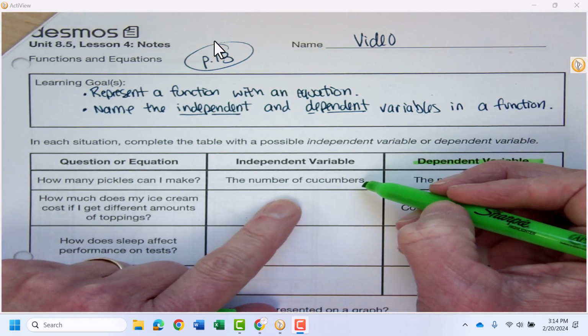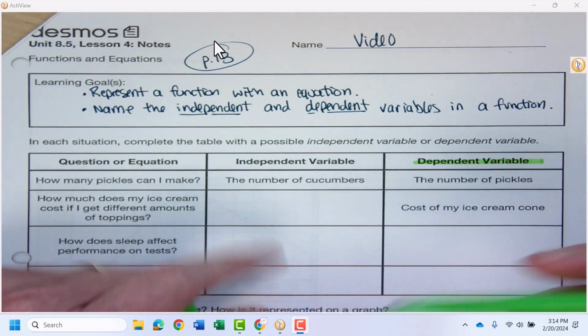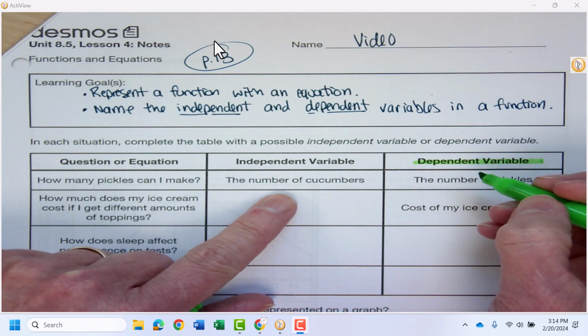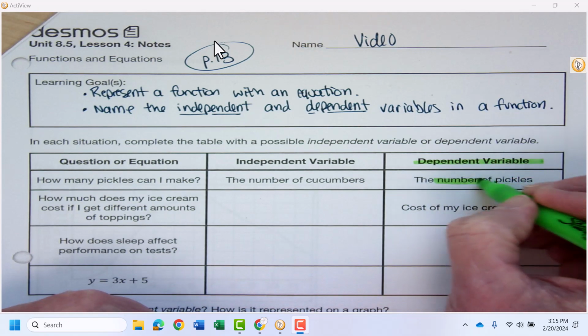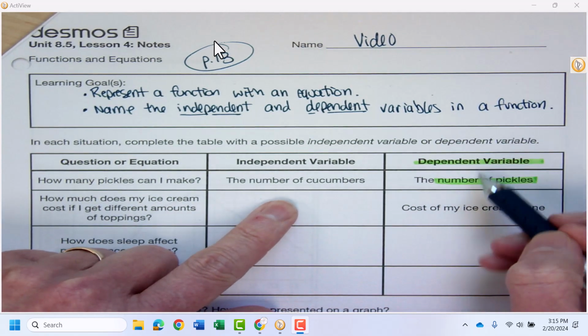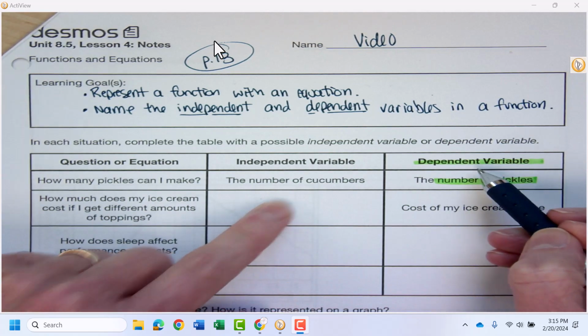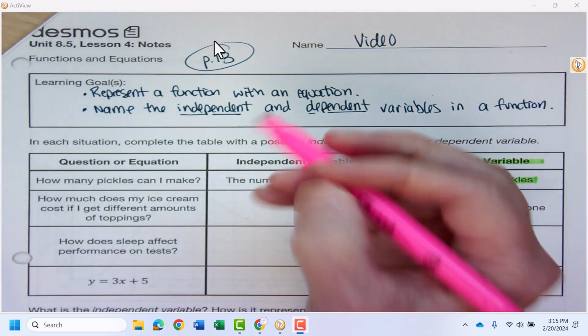How many cucumbers do I have to work with? The number of cucumbers is going to determine how many pickles I can make. So those are my two variables. We have the number of pickles, and the number of pickles depends on how many cucumbers I have to start with.